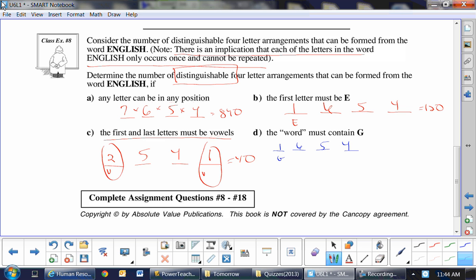Can we do it as an or? Because we could do, G is here, or G is here, or G is here. Okay? So with the ors, we will add them together because the first one adds to 120, equals 120, equals 120, equals 120. So we would just add those together to get 480.